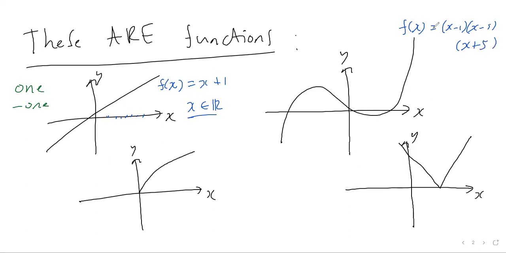So it could be something like that, a cubic graph like that with your minus 5 there, your 1 there, and your 5 there, just by looking at these factors and determining the roots using the factor theorem, essentially. So we've got this cubic graph, and again, it is a function because every input you put in, you get one output. So for every input, you get one output, not two numbers, not three numbers.